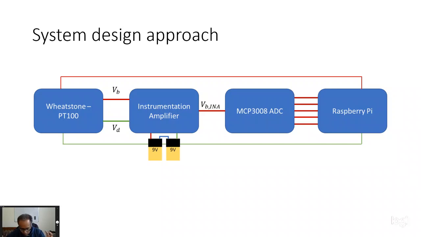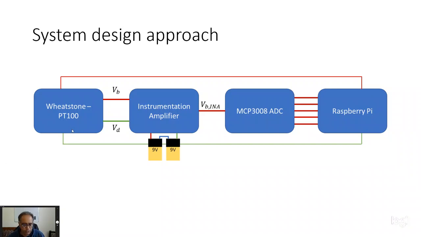So this is the whole block layout. You've got the Wheatstone bridge which is connected to the instrumentation amplifier, which is connected to the MCP3008, and finally you have the Raspberry Pi. These multiple lines are to show the communication protocol lines. It's just illustrative. The other thing that I would like to say here is I'm using the Raspberry Pi to power the Wheatstone bridge.